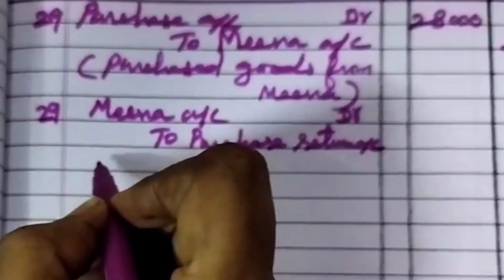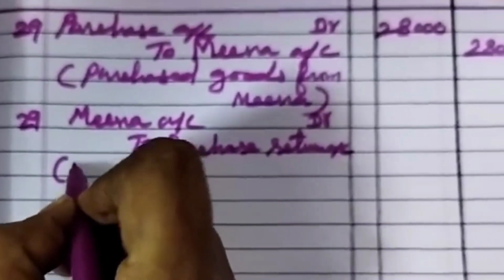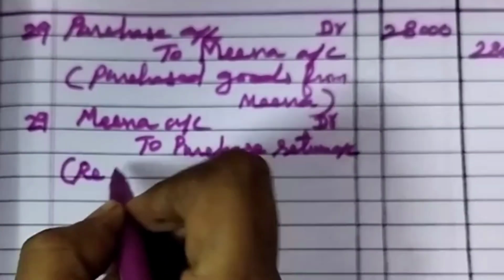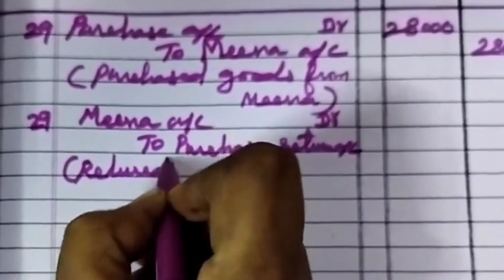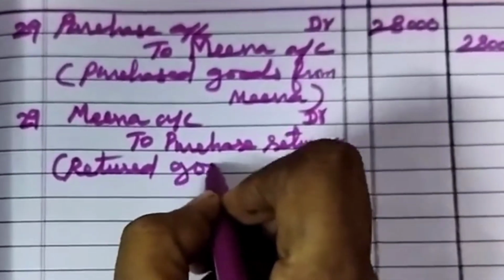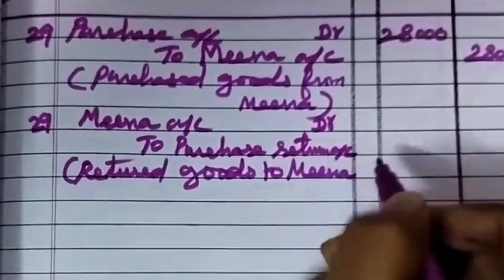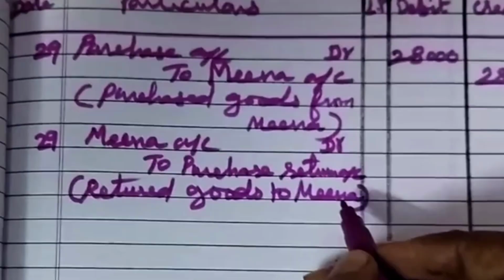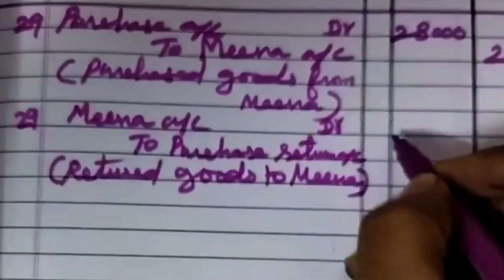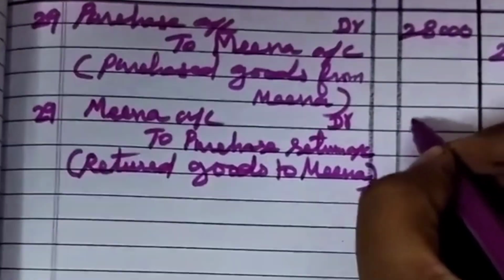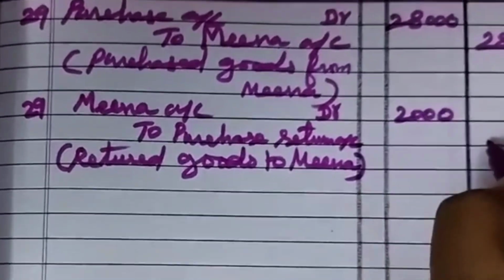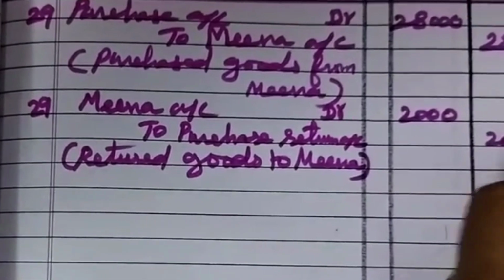So narration, return goods to Meena. What's the amount? 2,000. So we have to write debit column also 2,000, credit column also 2,000.